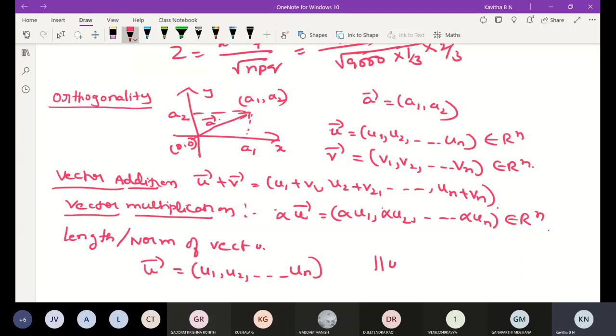The length of the U vector is equal to the square root of U1 square plus U2 square and so on plus Un square.